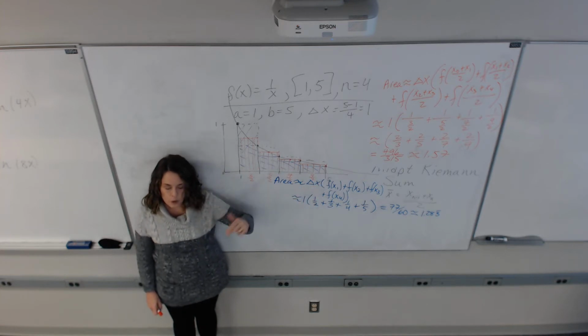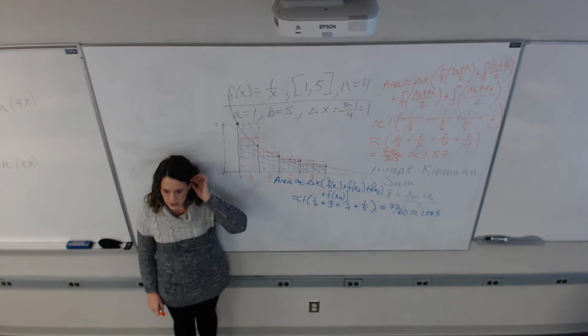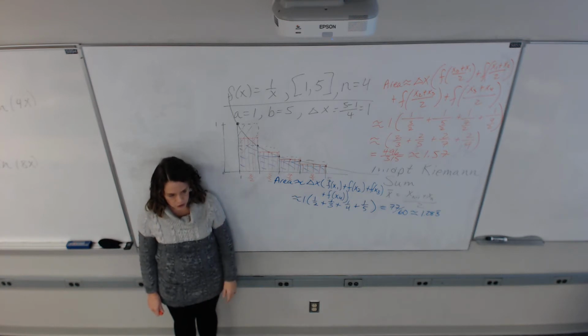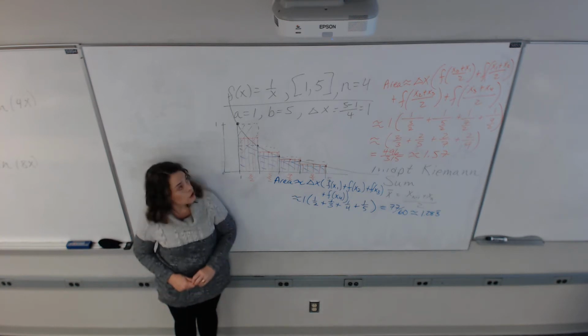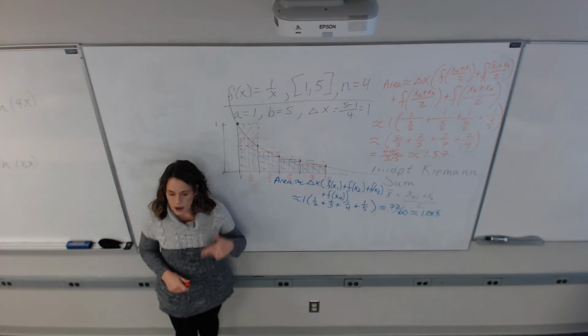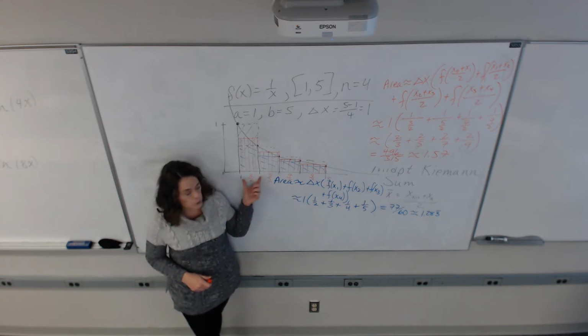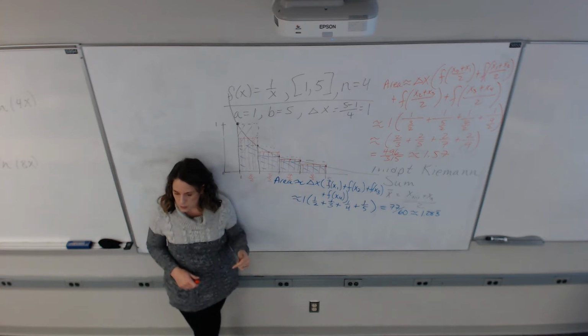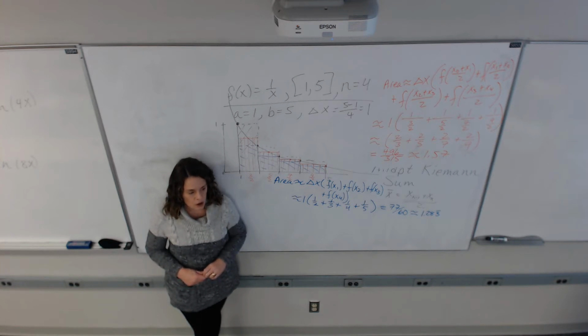As I take more boxes, I'll get a better approximation. I'll show you in a second what the picture looks like. It turns out that if you allow the limit of the width of each box to go to 0, you get what's called the definite integral, right?